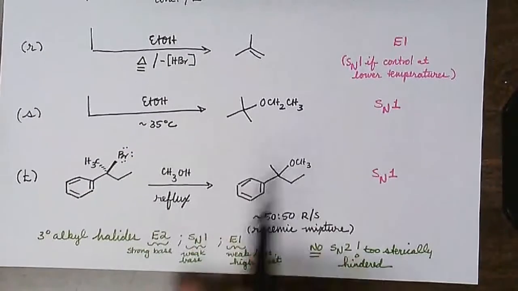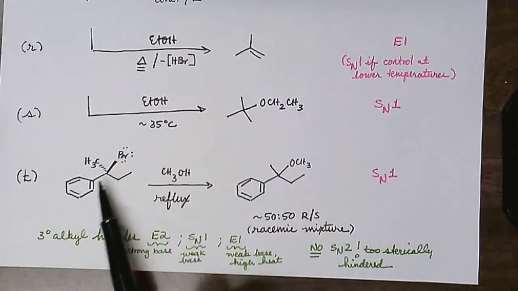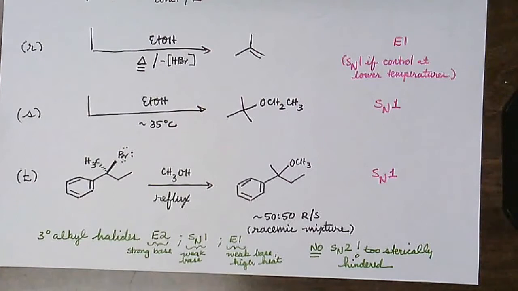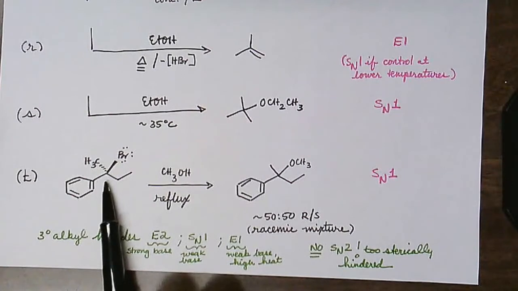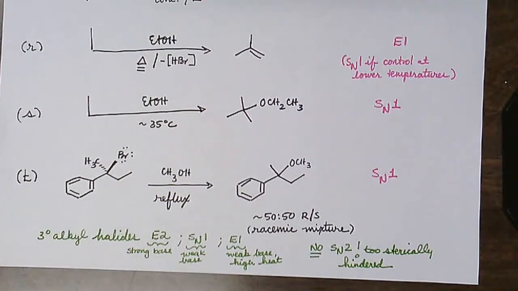Now lastly, if we take the tertiary benzylic alkyl halide in refluxing methanol, we would expect displacement of our bromide ion to occur first to give a tertiary benzylic carbocation, which is resonance stabilized.